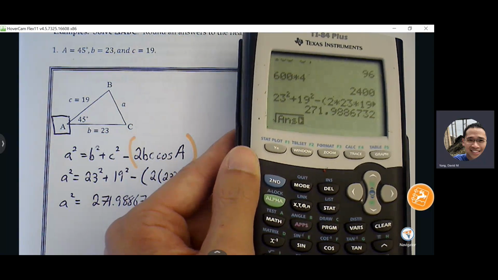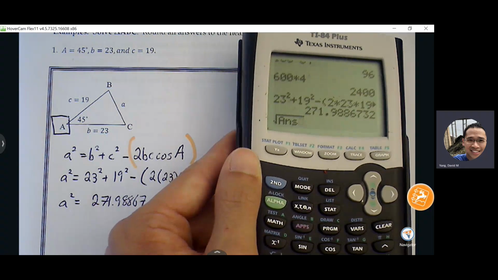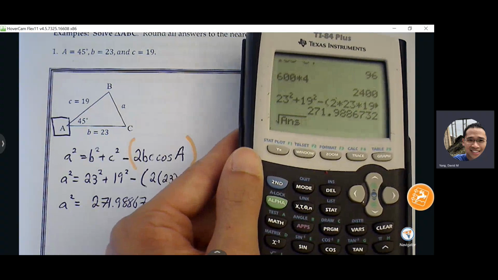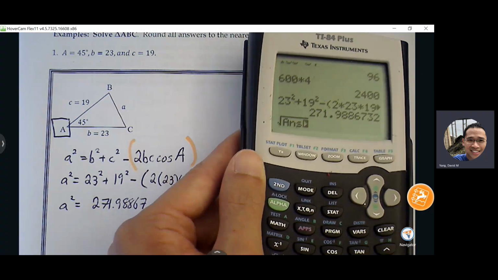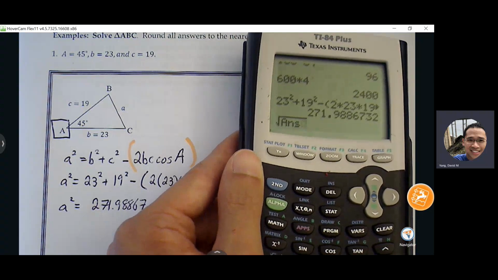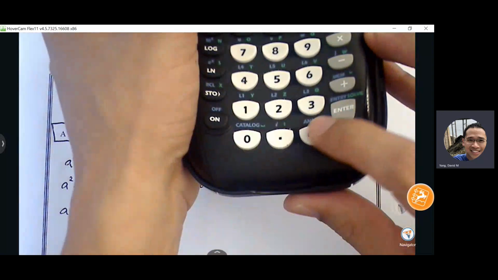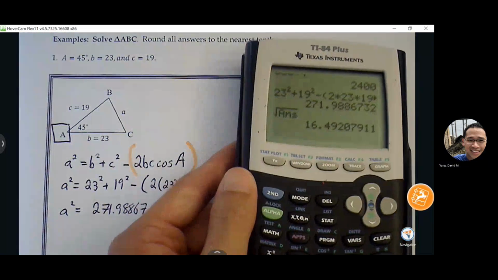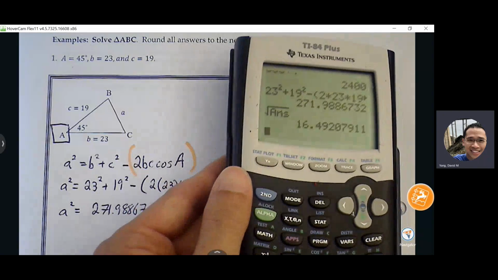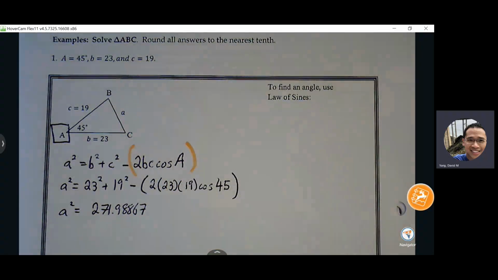Rather than you rounding to 3 decimal places and then getting the square root, it's more accurate if you do it this way. Does that make sense? You can pull that by doing second negative, and it'll give you just slightly more accurate reading. Then you can round to 3 decimal places at the end. So 16.492 is your A value.